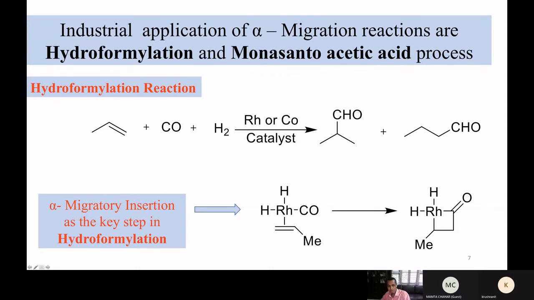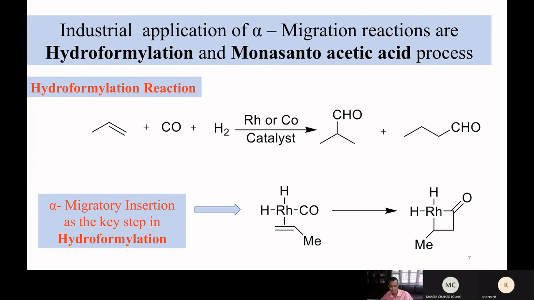I think the most important point is that it's three very simple gases: carbon monoxide, hydrogen, and olefin. This propene is also a gas. From there, you get a high value compound, and these are truly happening on a metric-ton industrial scale. There is a lot of history behind it.